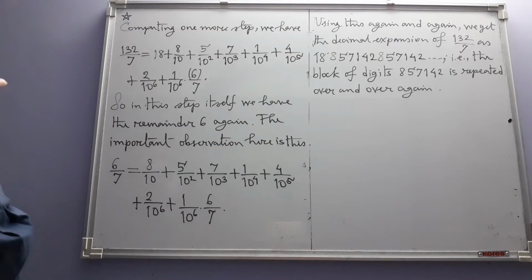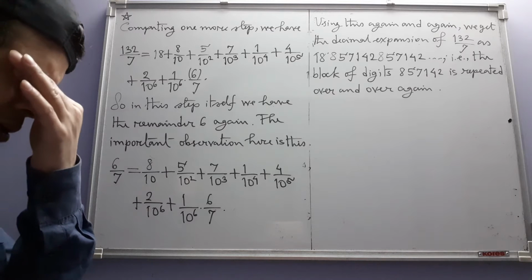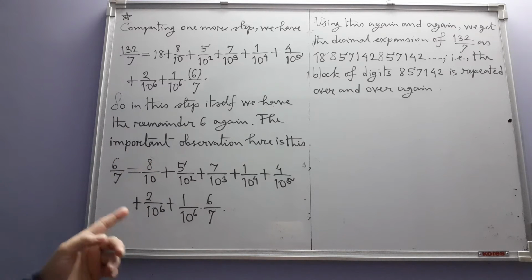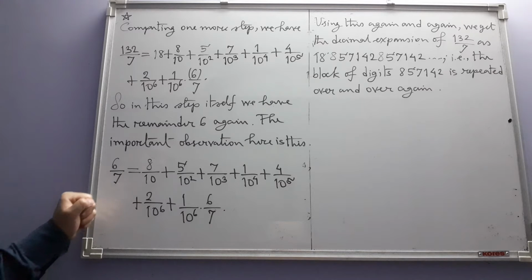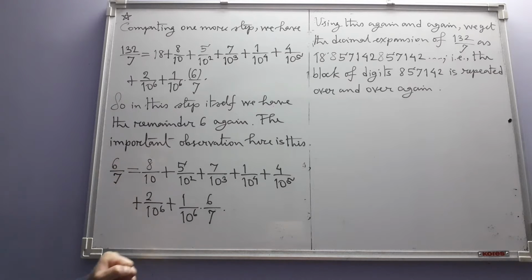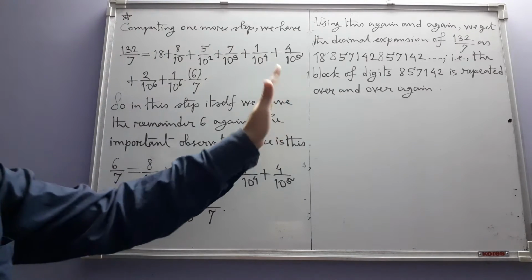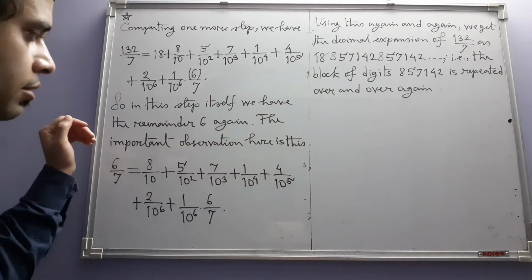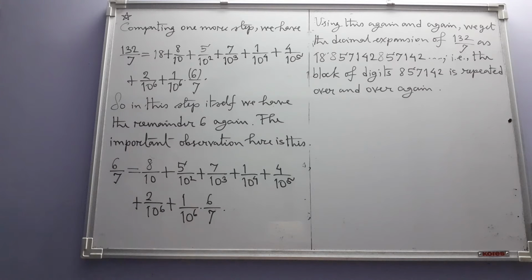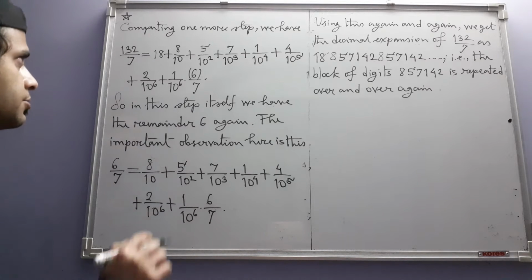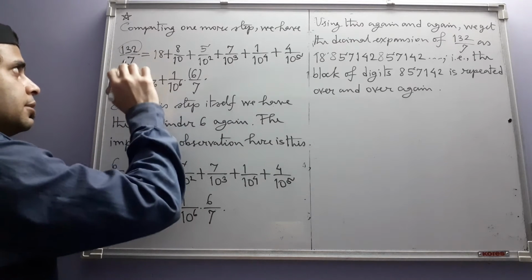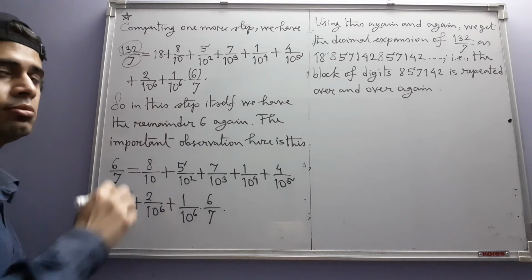Okay, now the objection that this is not a general rational number but a special rational number can be answered like this. In considering this example, we have actually not used any special properties of the numbers 132 or 7.